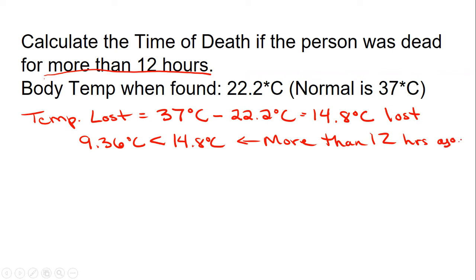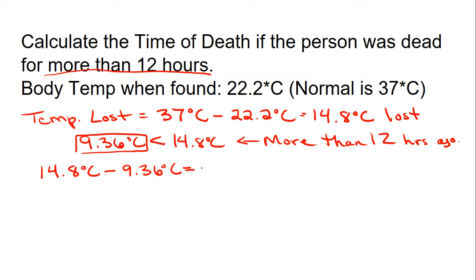All right. So if it was more than 12 hours ago, what we're going to try and figure out is how much of the temperature was lost after the first 12 hours. So we know the first 12 hours you lose 9.36 degrees Celsius. So I'm going to take my total temperature lost and subtract the amount that the body cooled during those first 12 hours because we know it was 9.36.